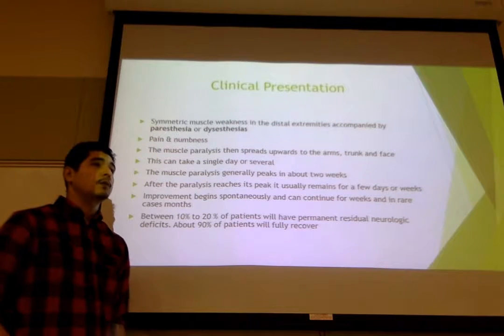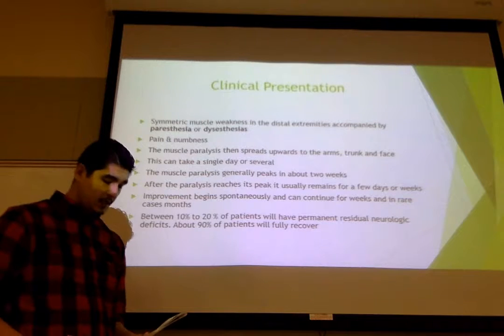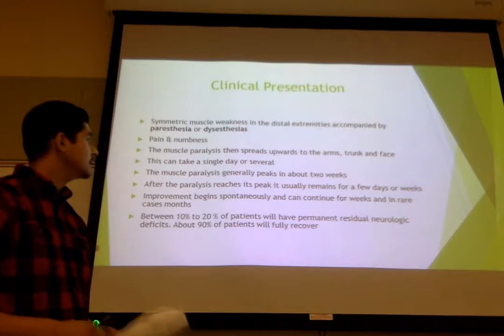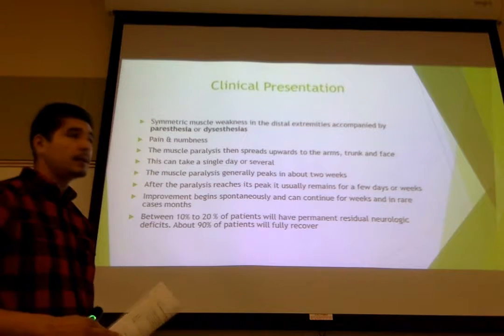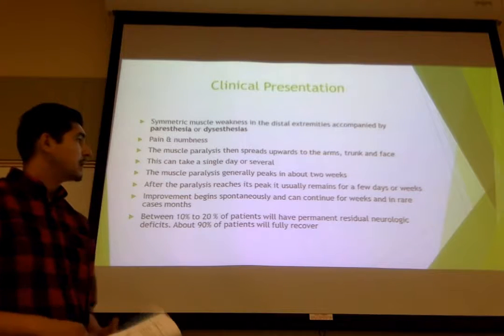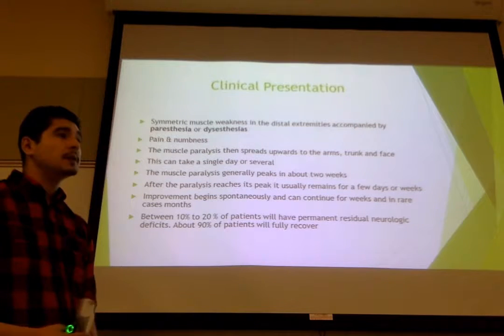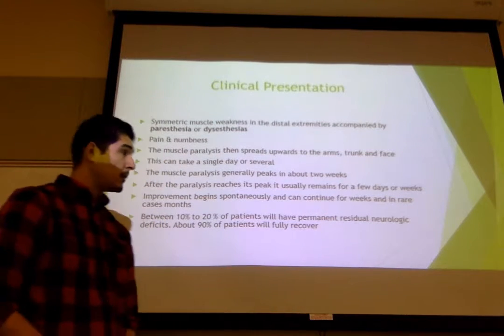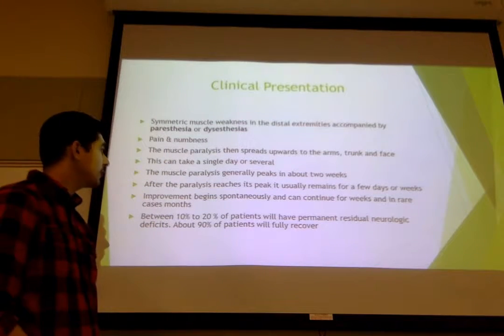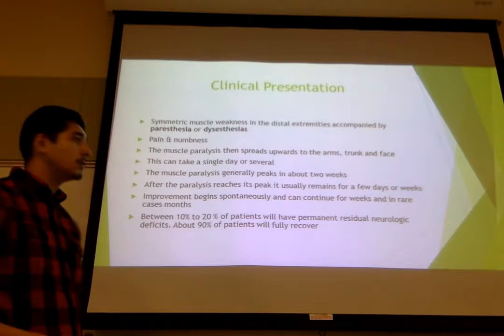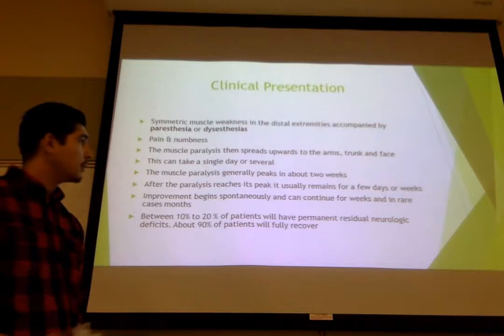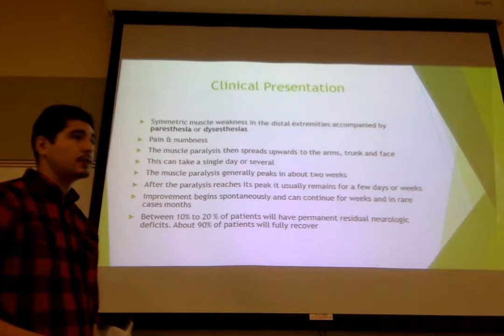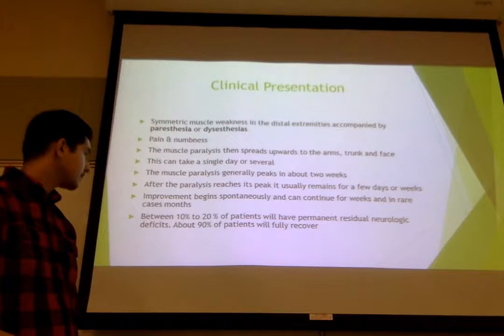This can take anywhere from one to several days, and the muscle paralysis usually peaks in about a couple of weeks. After the paralysis reaches its peak, it usually remains with the patient for a few days to weeks, in rare cases even months. Improvements begin spontaneously, so it seems like out of nowhere that people start recovering from Guillain-Barré syndrome.